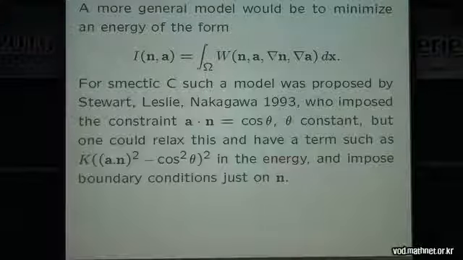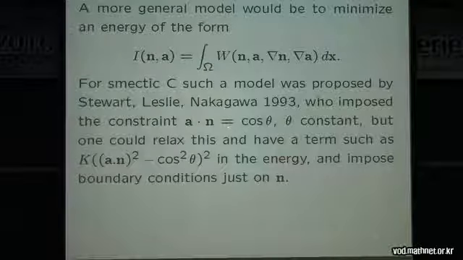Now you could do something a bit different, and this is done in the literature. A more general model would be to minimize some integral of w of n and a, the gradient of n and the gradient of a. Such a model was proposed by these people for smectic C, and they imposed the constraint that a dot n was cos theta, where theta was the angle of inclination.